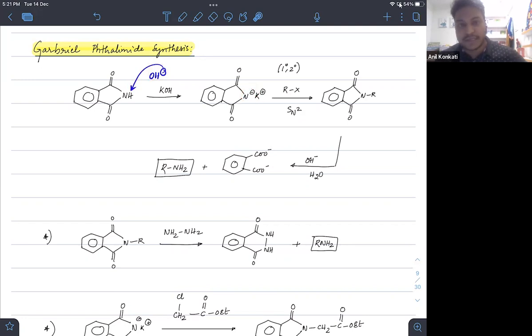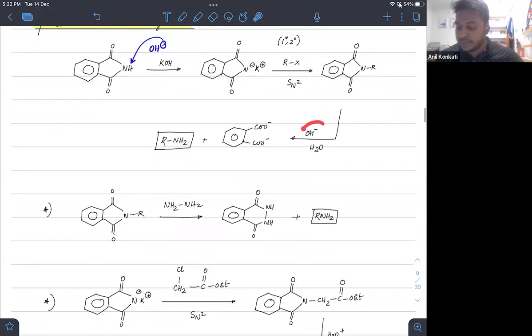And this N minus as a nucleophile can attack on RX, any alkyl halide, via SN2 mechanism, as long as this R is 1 degree or 2 degree or methyl, and then we'll get N-R substitution, that is N-alkyl phthalimide substitution.